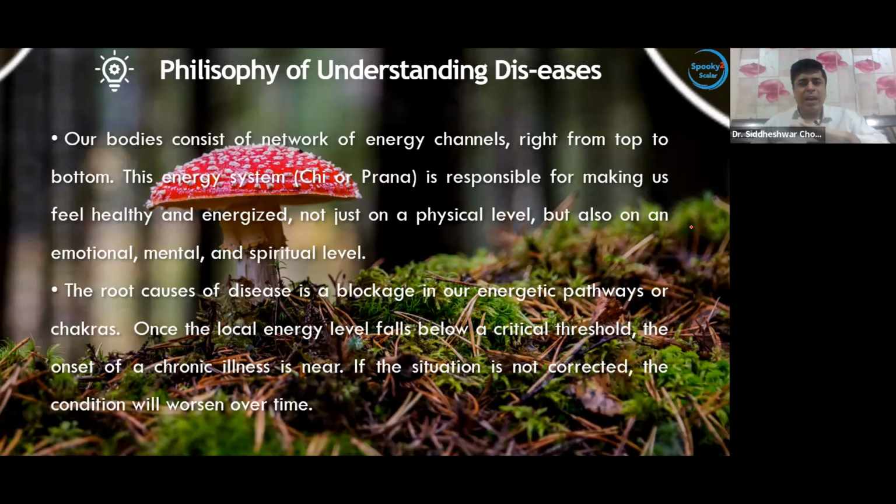So it starts flowing the energy in the body. Because of this blockage, the local energy falls below a critical threshold, the onset of a chronic disease illness is near. If the situation is not corrected, the condition can get worse over time.